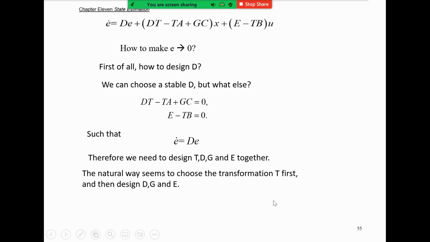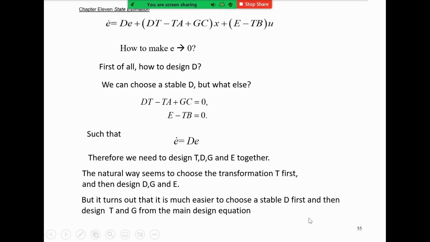So how are we going to do that? The natural way seems to be to choose the transformation T first, and then design D, G, and E. But it turns out we should design the stable D first, and then design T and G from the main design equation. This will be the main design equation.